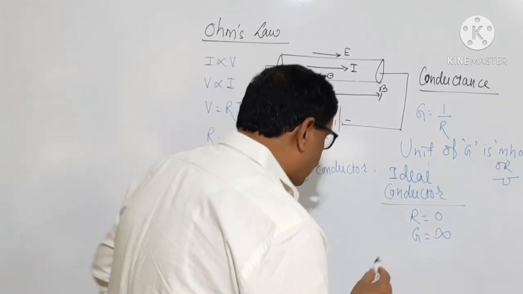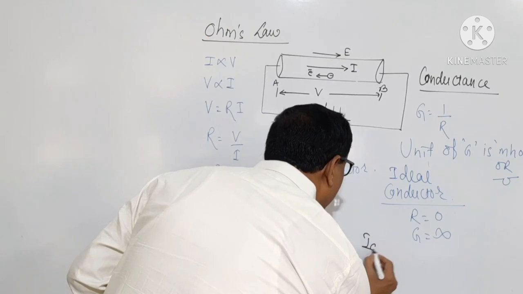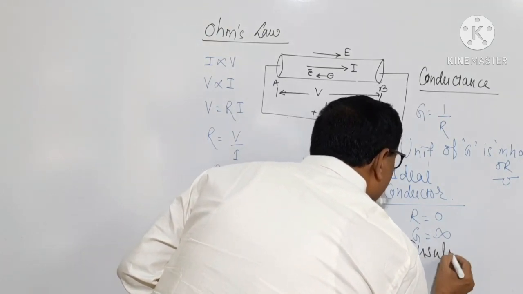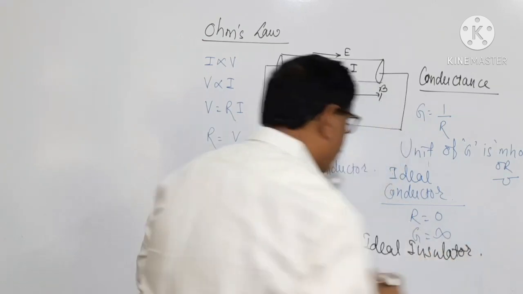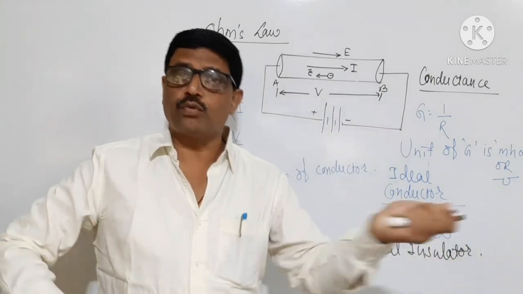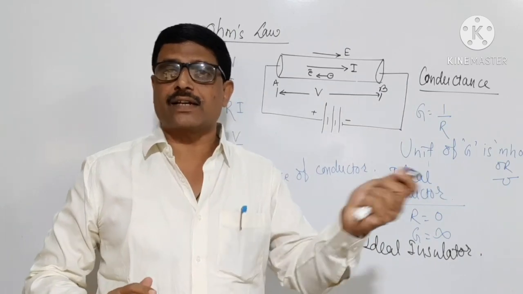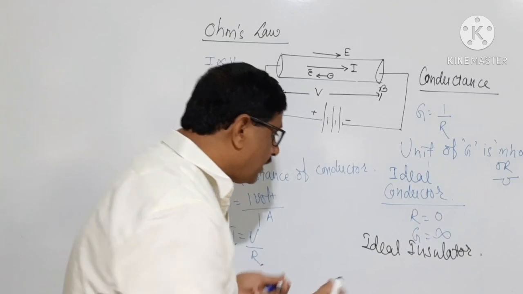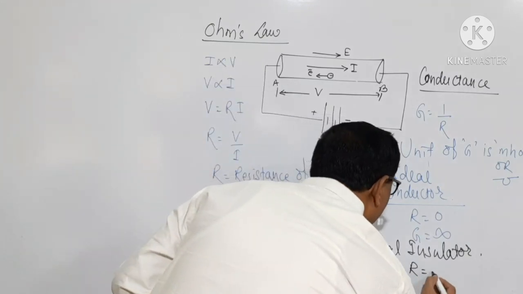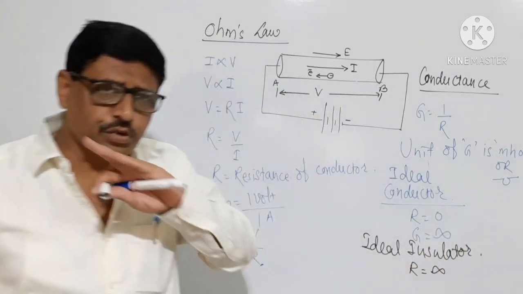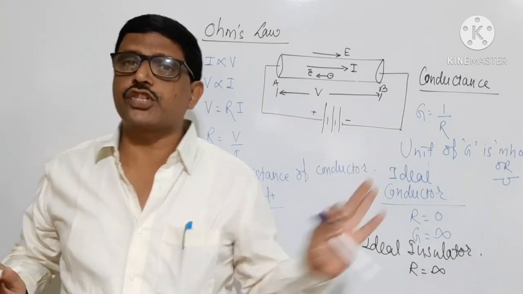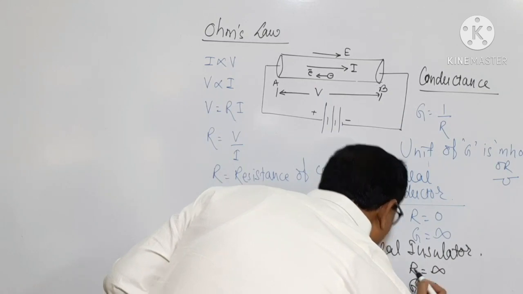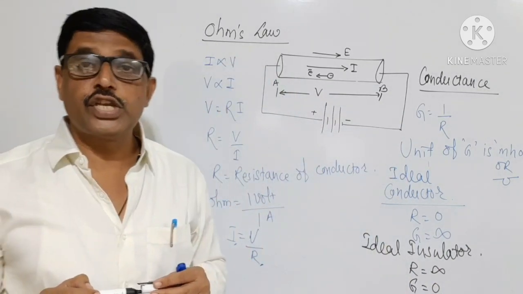And instead of that, if there is an ideal insulator, what is an insulator? It is the device which does not allow the flow of current. It is a bad conductor of electricity. For an ideal insulator, R should be equal to infinity. It should not allow, its resistance should be infinity. Then the conductance through the insulator will be 0.